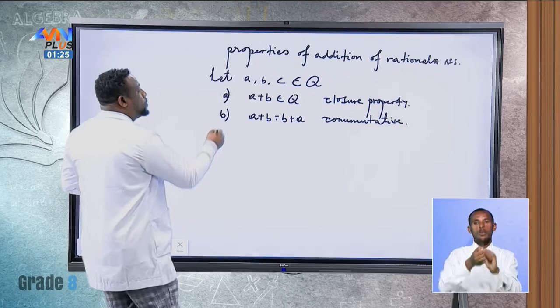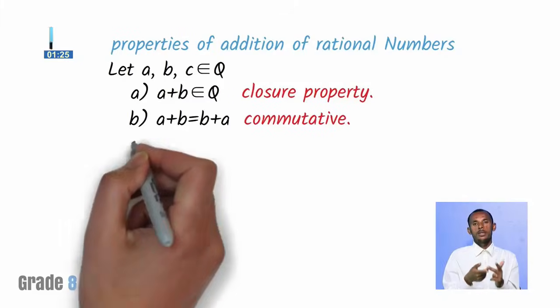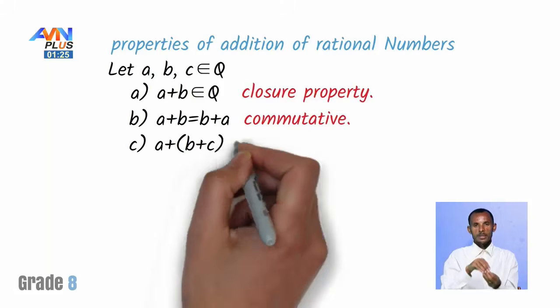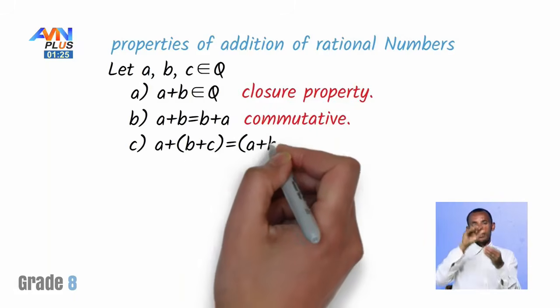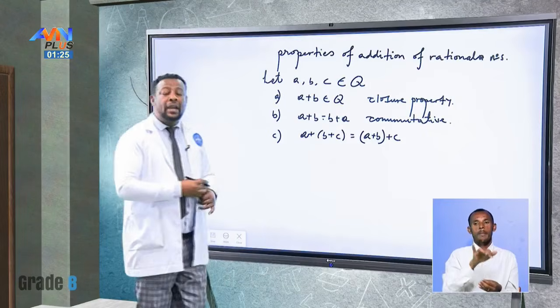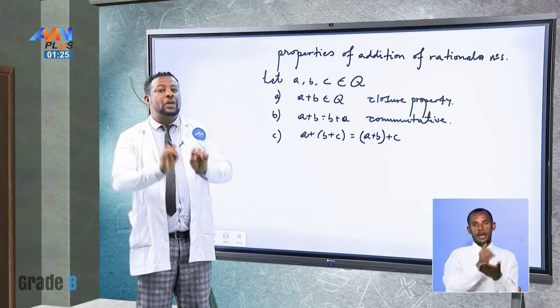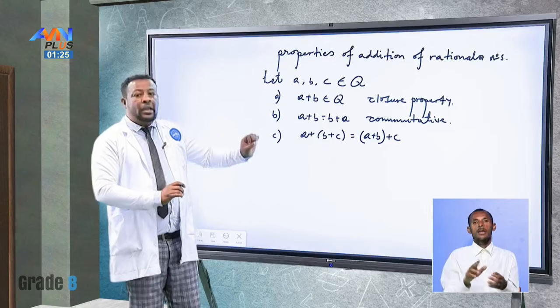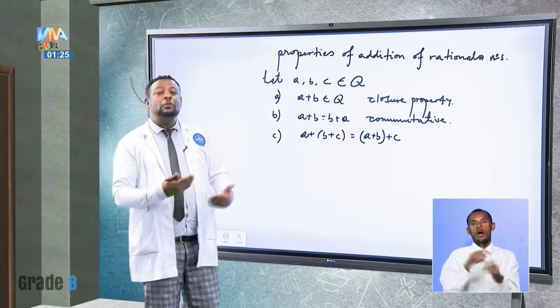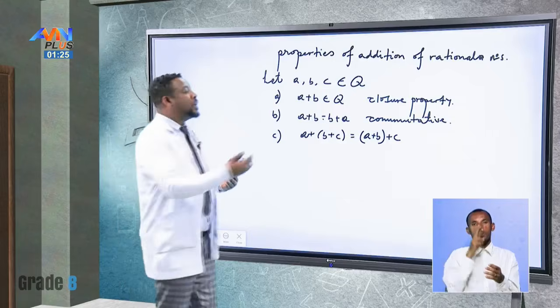The third property in addition of rational numbers is A plus (B plus C) and (A plus B) plus C are the same. Take any three rational numbers, and this property holds. How do you check whether this property holds true or not?